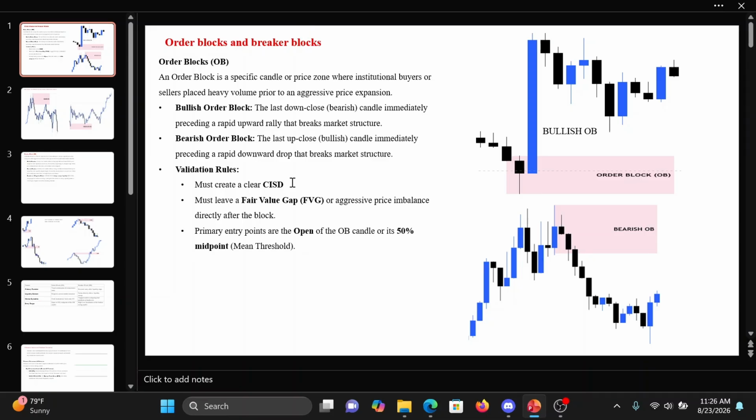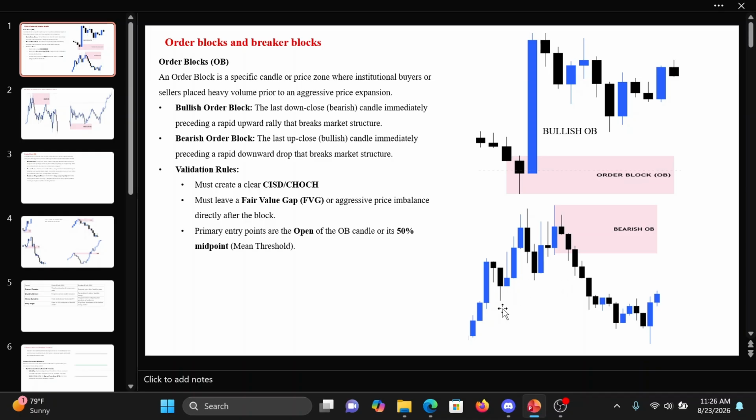So we want to see price breaking to the upside, changing character, or creating a market structure shift, or changing state of delivery from bearish to bullish. Same applies for the bearish scenario.